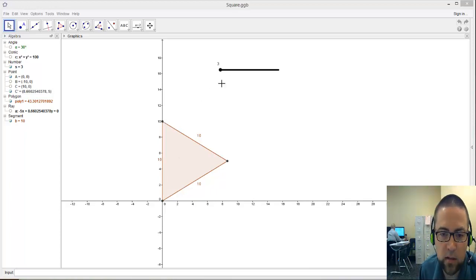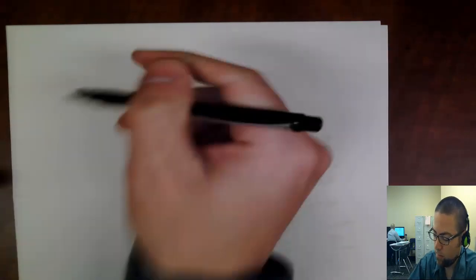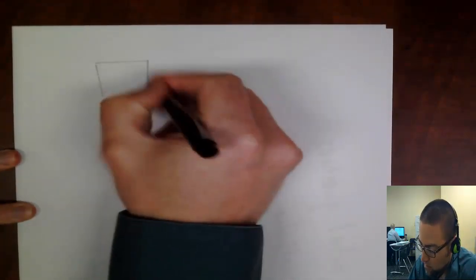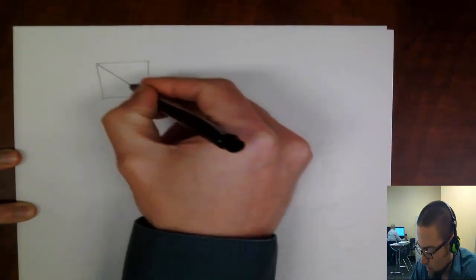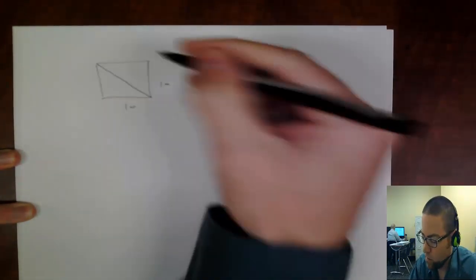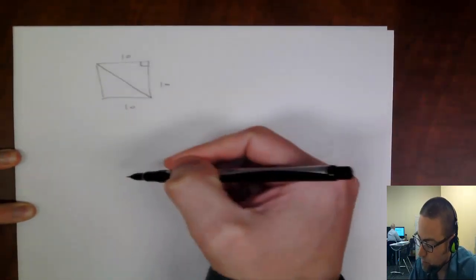Now before I switch over to 4 and find out where it's at on the number line, let's see if I can predict what it would be. So let's go over to a piece of paper. If I have a side length of 10 for a square and I want to find the diagonal length, we already know how to do this using the Pythagorean theorem because this is a right angle.